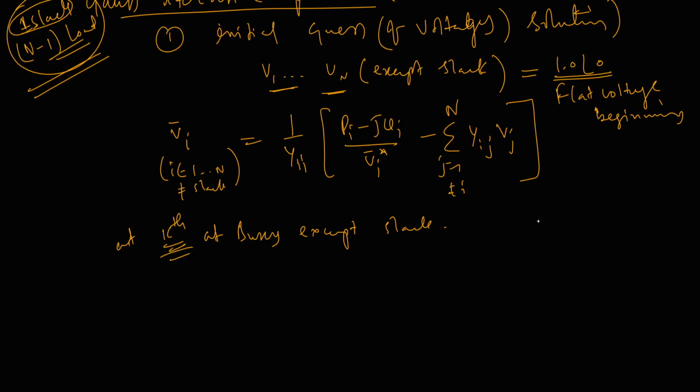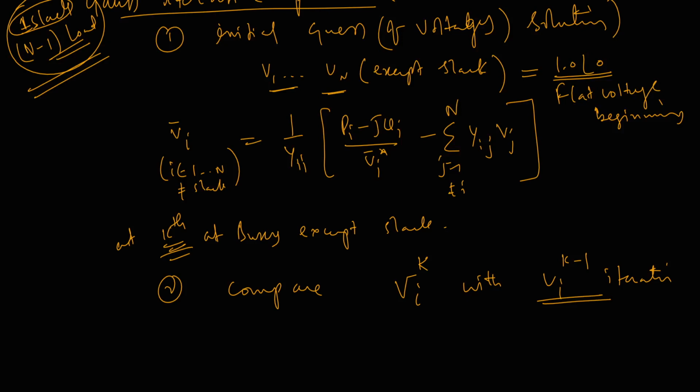Now you compare. Next step is to compare the voltages Vi at the kth iteration with the Vi voltages at the k minus 1 iteration. All bus voltages at the previous iteration, compare them with all the present iteration voltages.